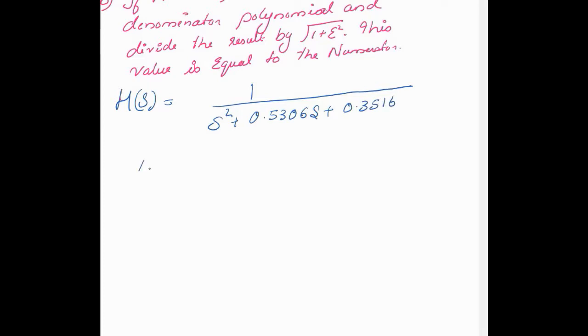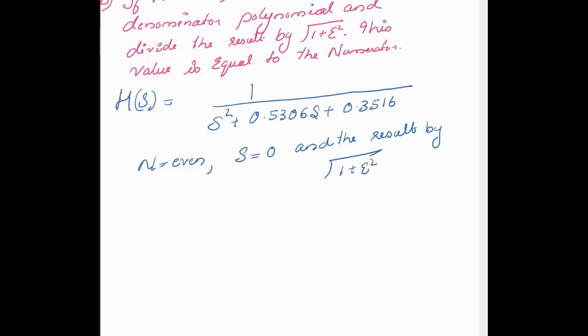As n is even, substitute s is equal to 0 in the above denominator polynomial, and divide the result by root of 1 plus epsilon square.